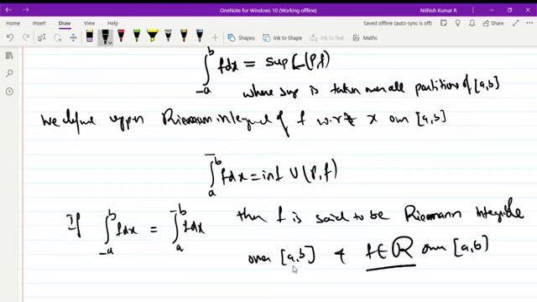So if you see somewhere f belongs to this, then the meaning is f is Riemann integrable.